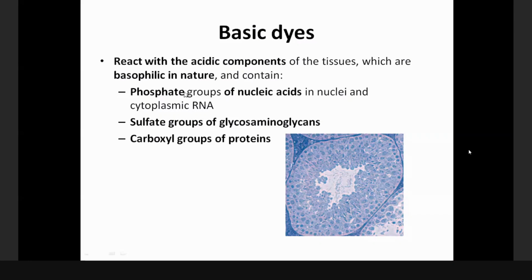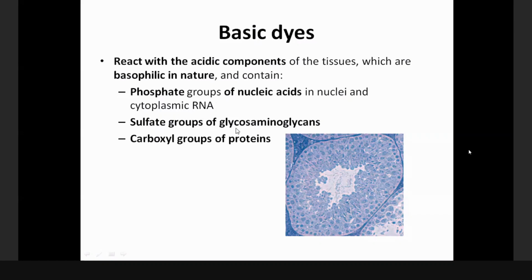And this includes, for example, phosphate groups of nucleic acids. We have a large amount of nucleic acid, for example, in the nucleus. Nucleus has DNA, it prepares RNA. This has a large amount of nucleic acid, where we have a large amount of phosphate, and this acts like negative charges, so they are able to react with your basic dyes.